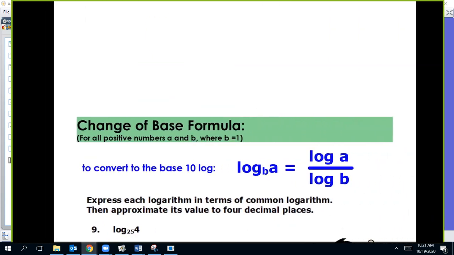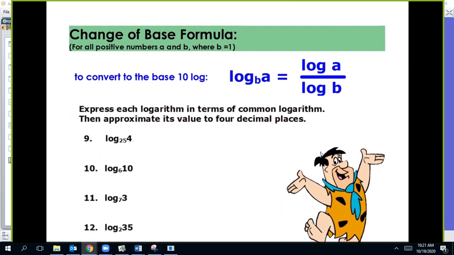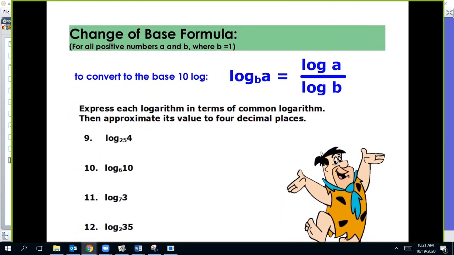All right. Last thing, we do have the base 10 log comment here. So anytime we don't have a log with the base 10, we can rewrite it by taking the log of the big one over the log of the small one. So old calculators, they didn't have this option to put a base in.